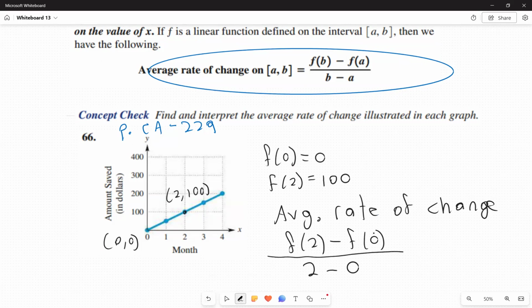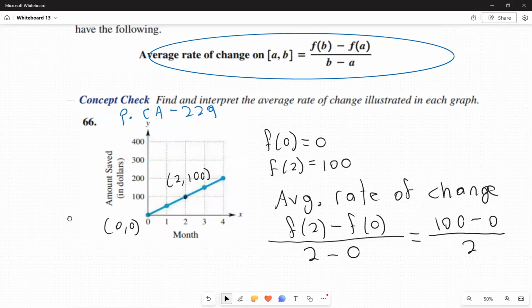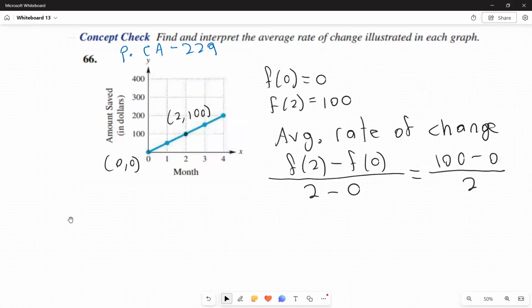So this is 100 minus 0 over 2, and 100 minus 0 is 100. So this is 100 over 2.